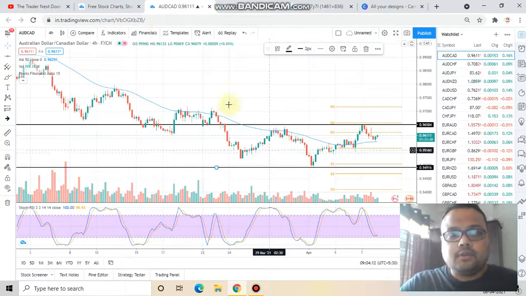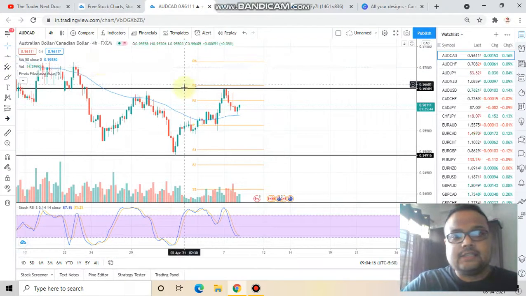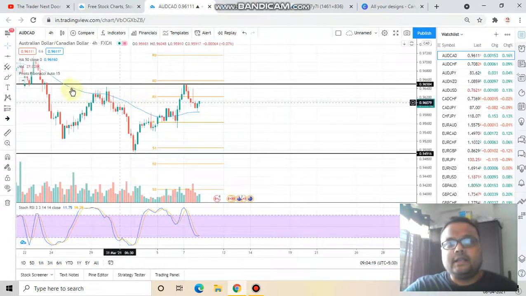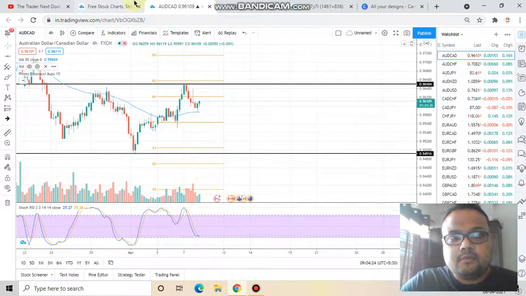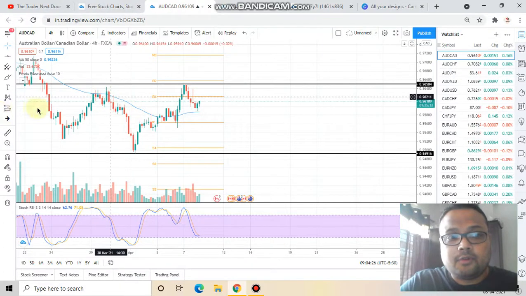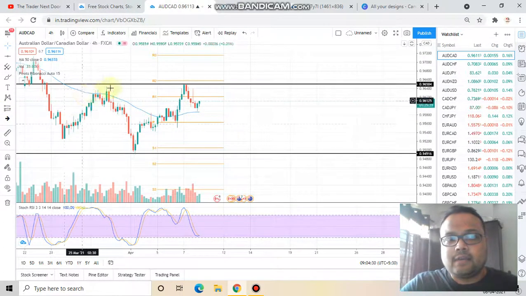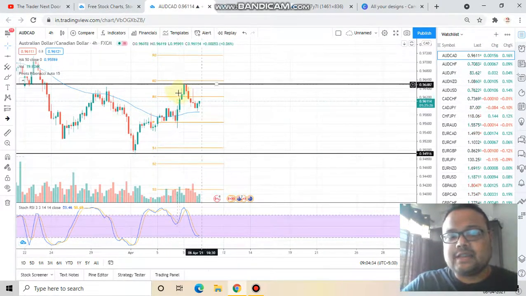So if I keep aside this part, and if I just concentrate on this part only, the chart from 24th March to 5th April only, you can see that right now the market is in a range. The market is stuck in a kind of range right now.